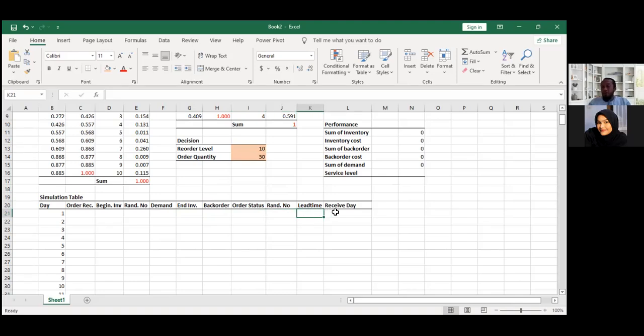The receive day: when we order, we need to wait. How many days? That is represented by the lead time. After that, we will receive the order on what day? And then we record it here as the receive order day.